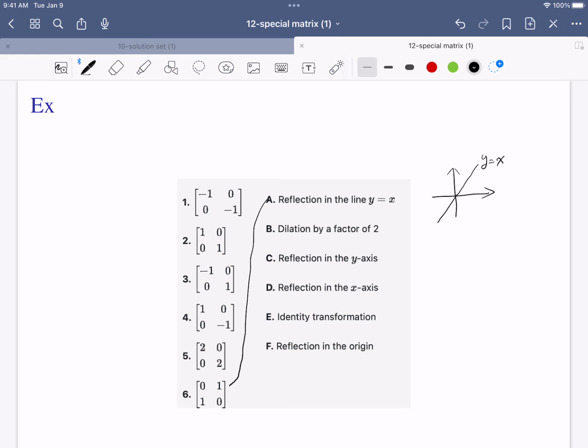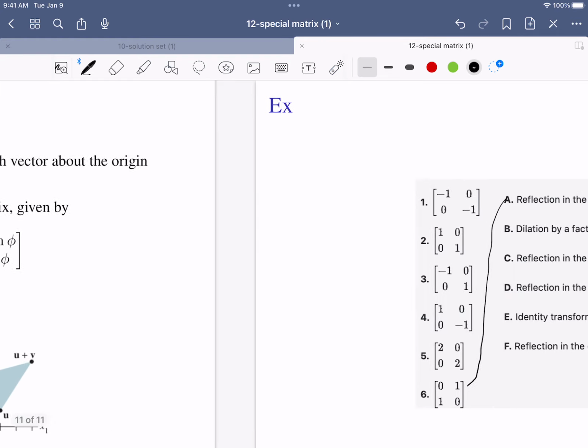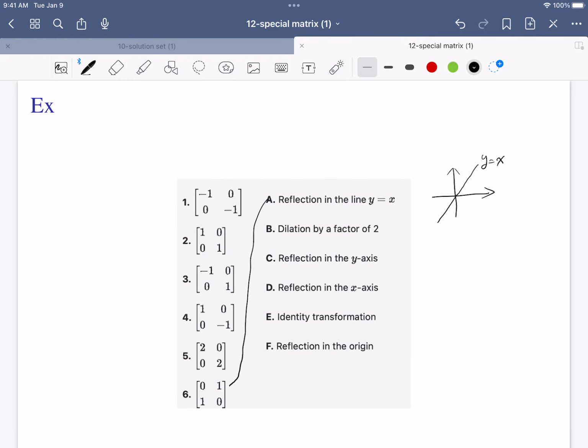Dilation by a factor of 2. Dilation has not been mentioned here, but you can think of dilation as enlarging every direction by multiplying by 2. So for example, if you have an xy coordinate system, you want to look at 2 points.